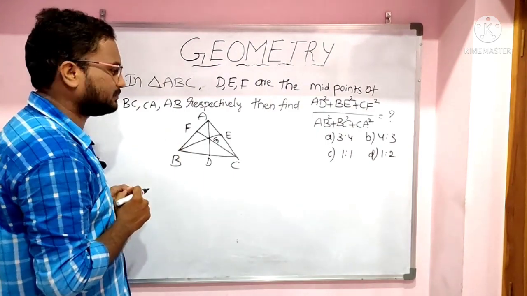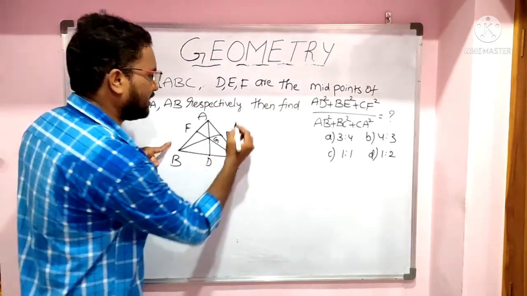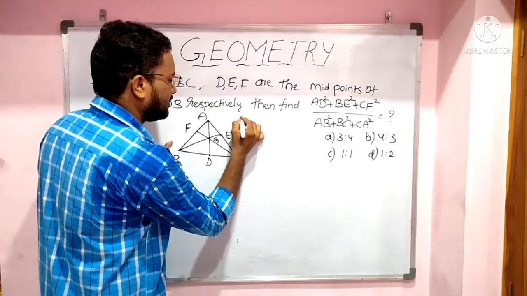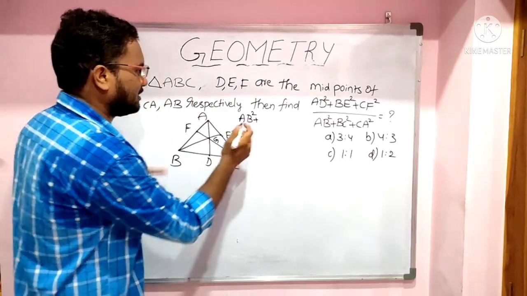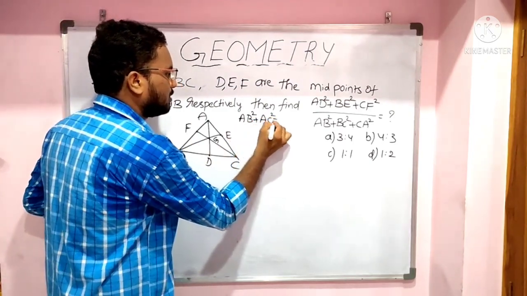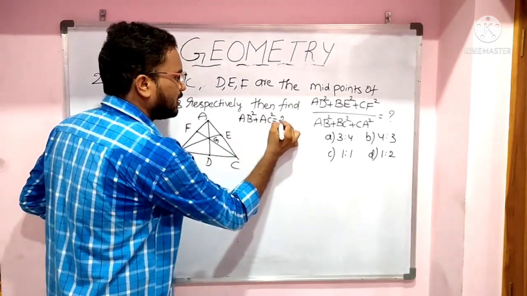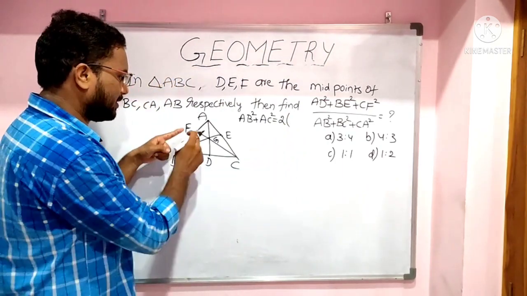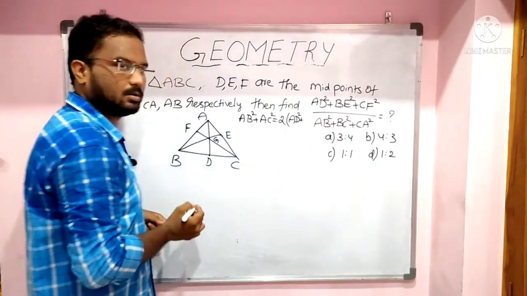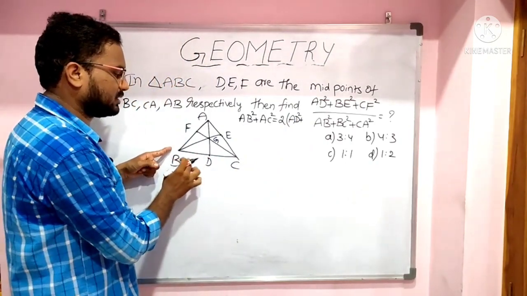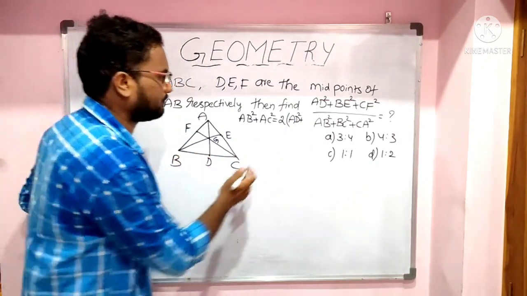What is Apollonius theorem? The sum of squares of any two sides, that means AB square plus AC square, equals 2 times the sum of squares of the median AD square and half of the third side, BD square.